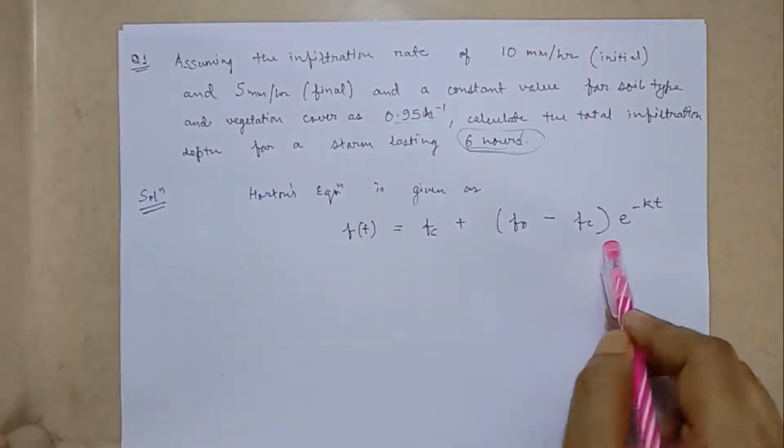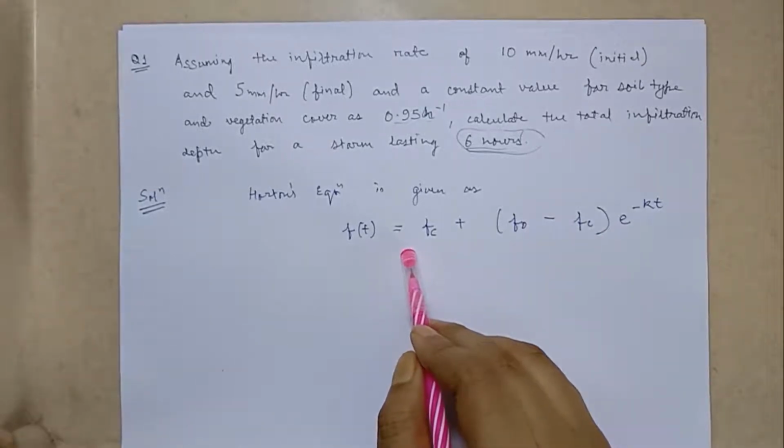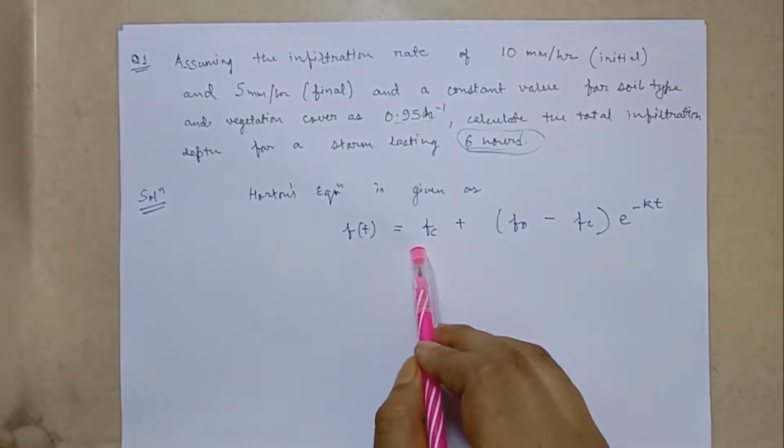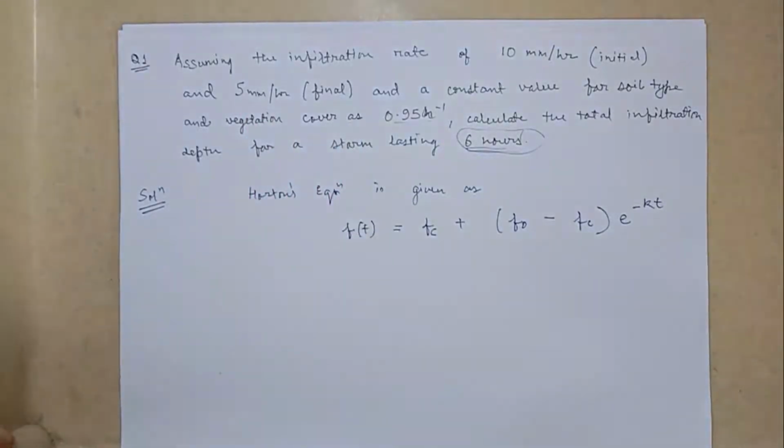So the Horton's equation is somehow like this, where f_c is the final infiltration rate, 5 mm per hour, and f_0 will be the initial one.